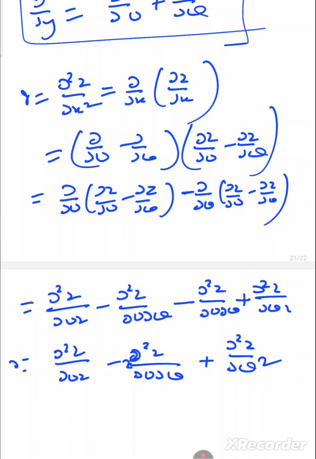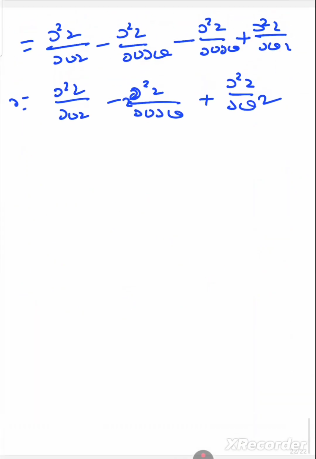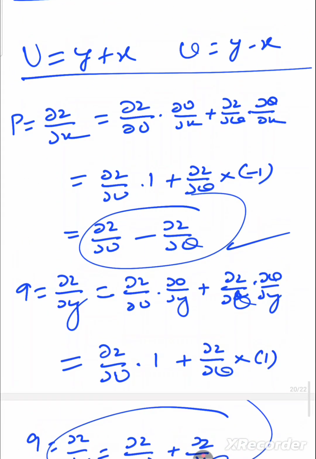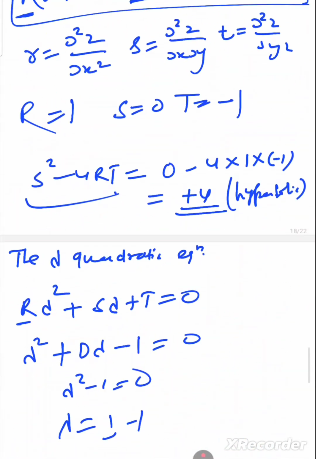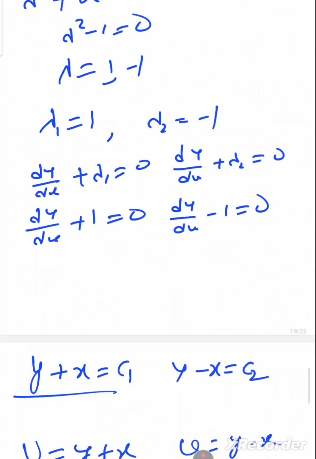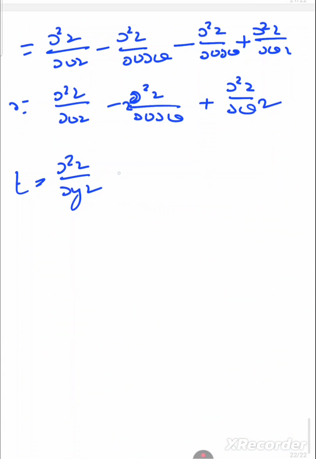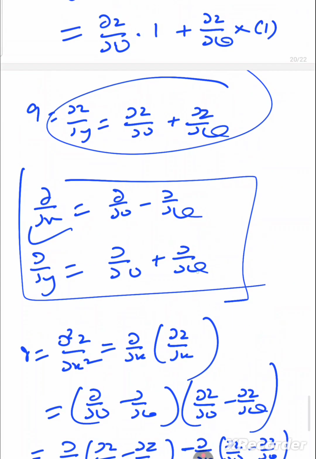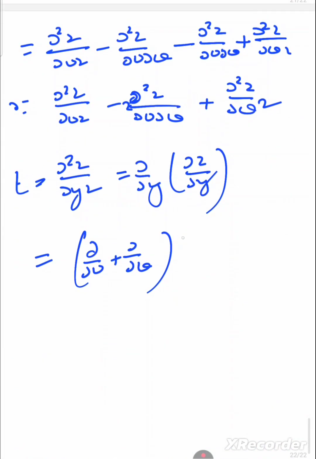Now we need to find t. What is t? ∂²z/∂y². This will be ∂/∂y of ∂z/∂y. What is ∂/∂y? ∂/∂u + ∂/∂v, and ∂z/∂y is ∂z/∂u + ∂z/∂v.